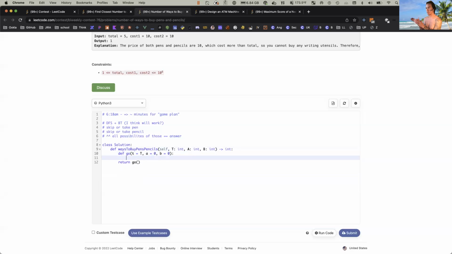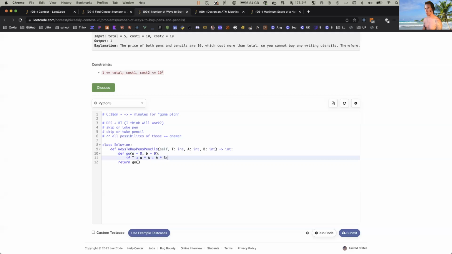So we can multiply the count of a times a, that's the cost. Count of b times b, that's that cost. So if a times a plus b times b exceeds our total t, then we're done, right?